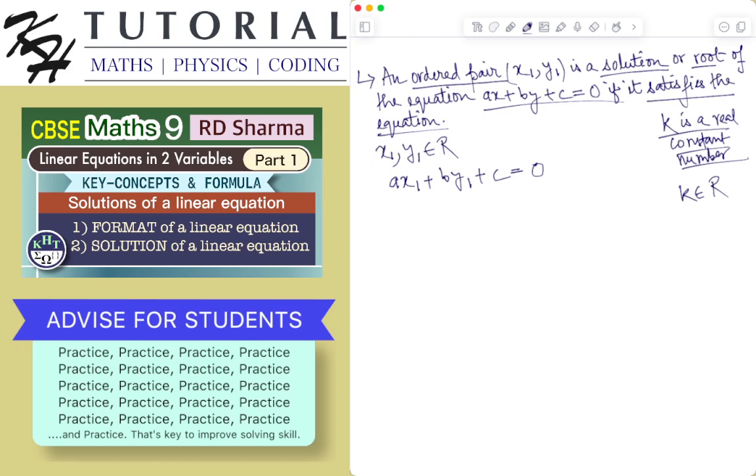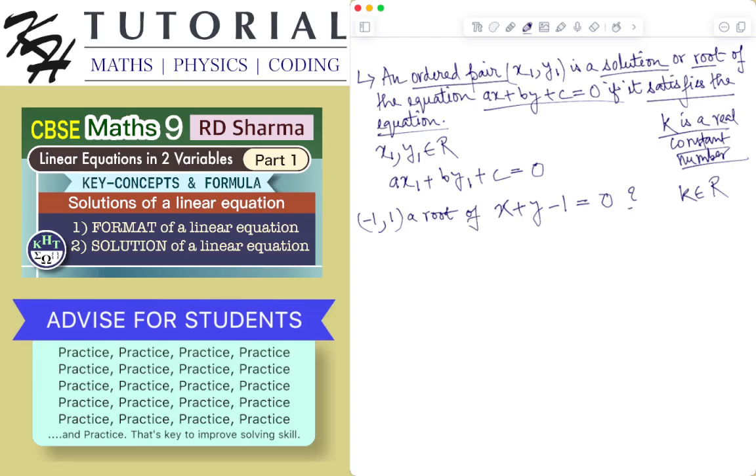Now, let's say there is a linear equation x plus y minus 1 is equal to 0. So, is minus 1, 1 a root of this?